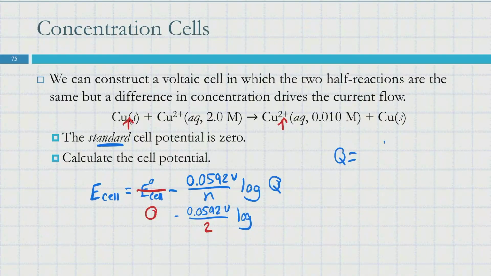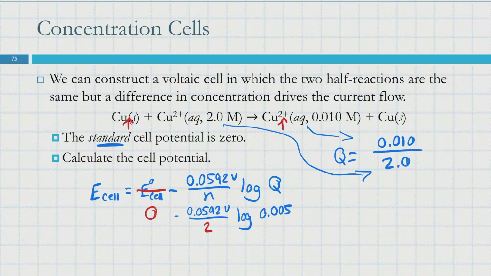Q is products over reactants, so 0.010 over 2.0, ignoring our solids. So 0.0592 divided by 2 times log 0.005.